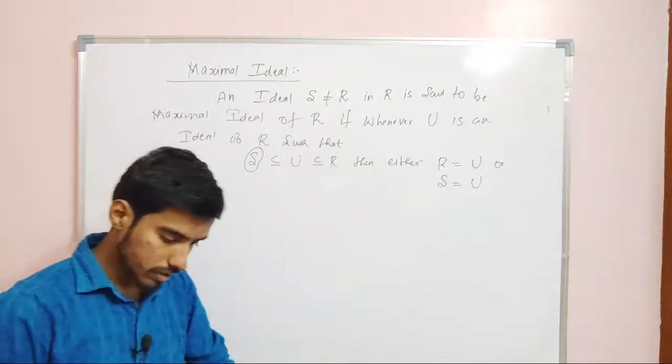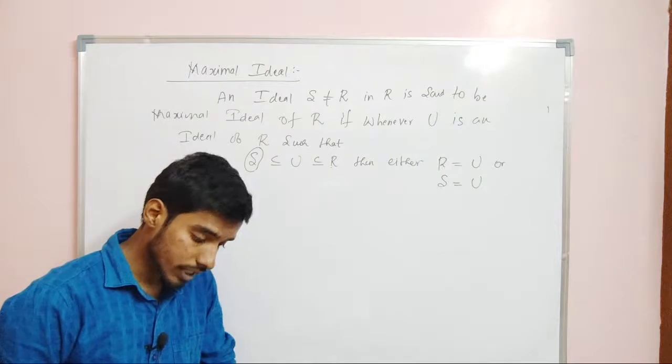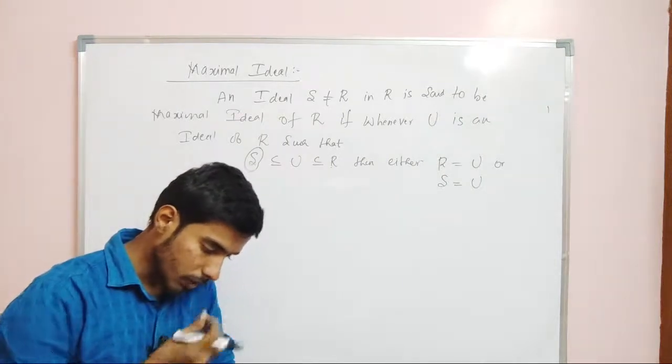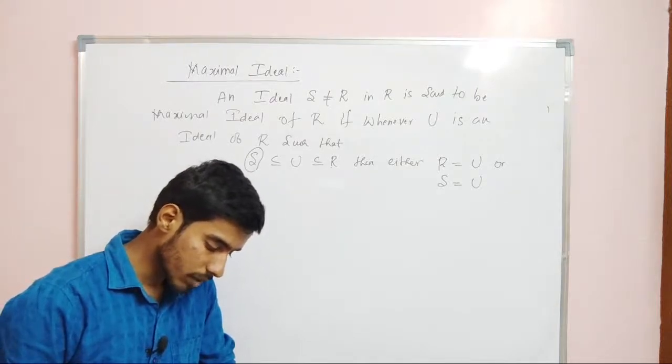For example, in the ring of integers, the ideal 6 is not a maximal ideal since it is properly contained in the ideal 3, which in turn is properly contained in Z. On the other hand, 5 is a maximal ideal since the only ideal properly containing it is the whole ring.